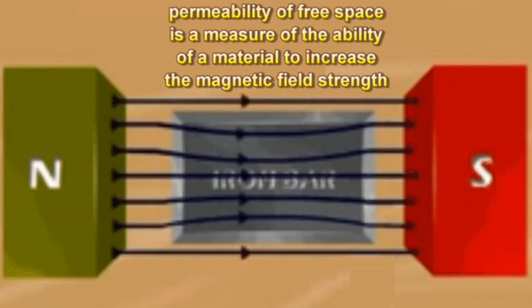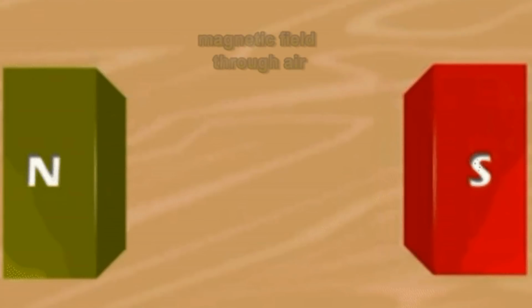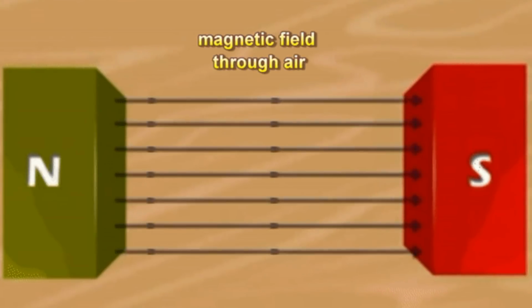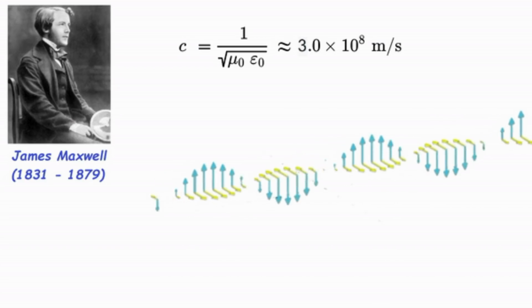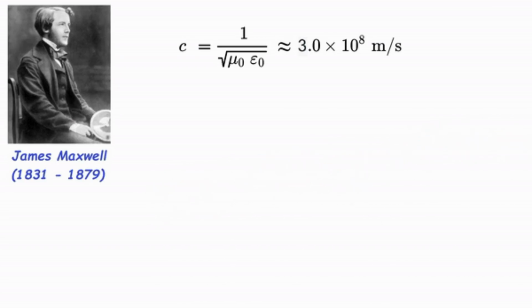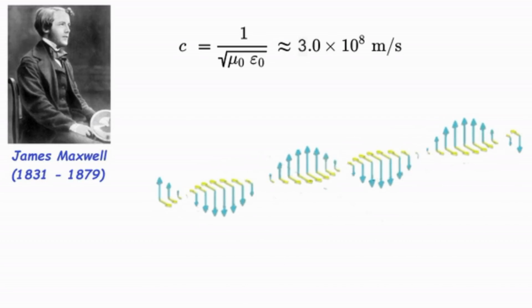Well, in the case of air, it's very similar to vacuum, and that's the permeability of free space, as they call it. These are the values that were determined already in the 19th century. And what Maxwell does is he takes these values and he does this calculation and he figures out the speed of light. Okay, so we have the speed of light, but we have no idea what light is.